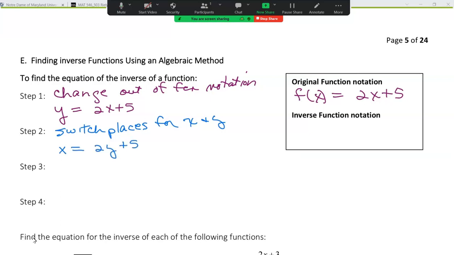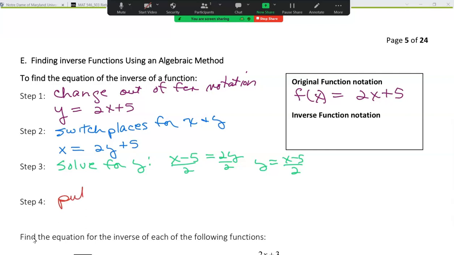Okay, next step. Solve for y. Okay, so that means I'm going to move things around. x minus 5 will equal 2y. Divide by 2, divide by 2. So y equals x minus 5 over 2. Okay, step 4.